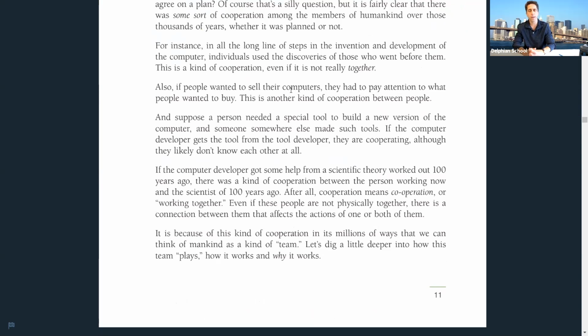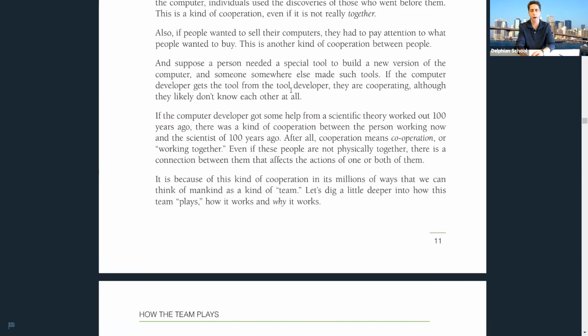Also, if people wanted to sell their computers, they had to pay attention to what people wanted to buy. This is another kind of cooperation between people. And suppose a person needed a special tool to build a new version of the computer, and someone somewhere else made such tools. If the computer developer gets the tool from the tool developer, they are cooperating, although they likely don't know each other at all.